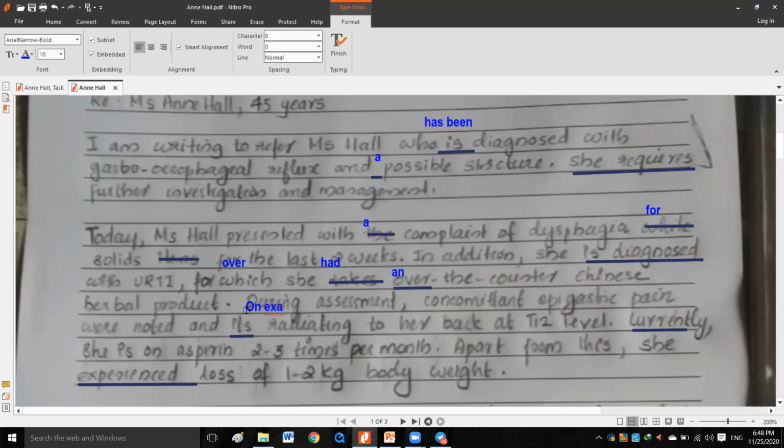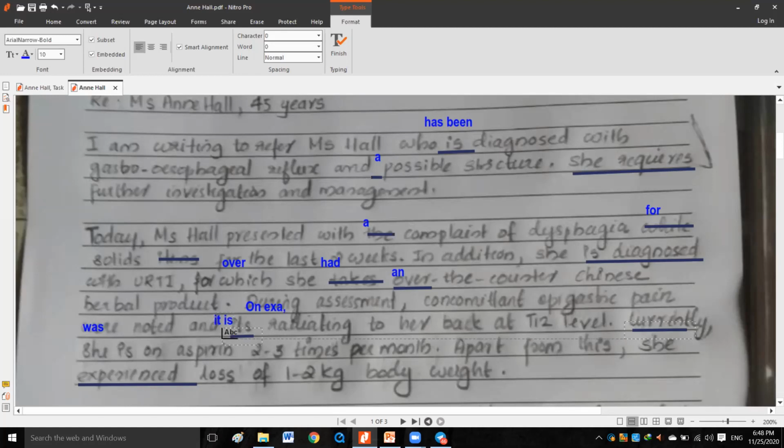On examination, comma, concomitant epigastric pain was, not were, noted, because pain is uncountable. And in "it's rotating," the contraction is incorrect in formal writing like OET. You have to write "it is."